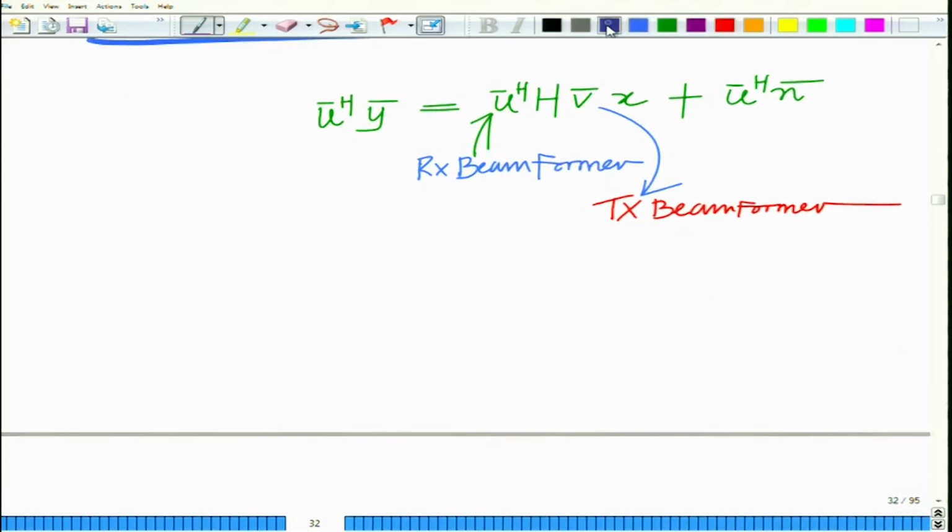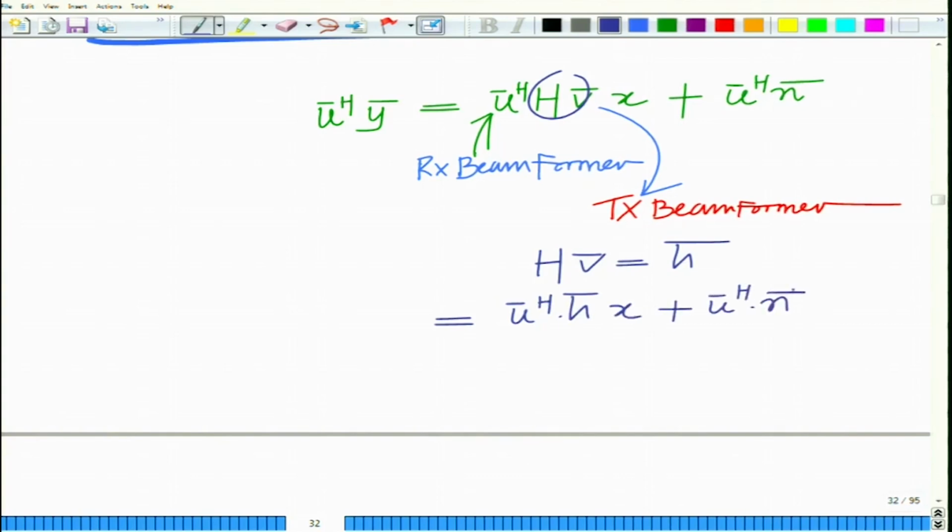First, we will set H V bar, this quantity, equal to H bar, and now you will observe something interesting. This becomes U bar Hermitian H bar into X plus U bar Hermitian times N bar. Now, this H bar effectively becomes a single input multiple output system.